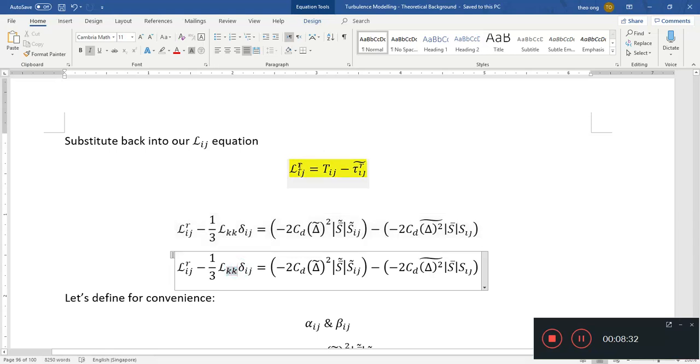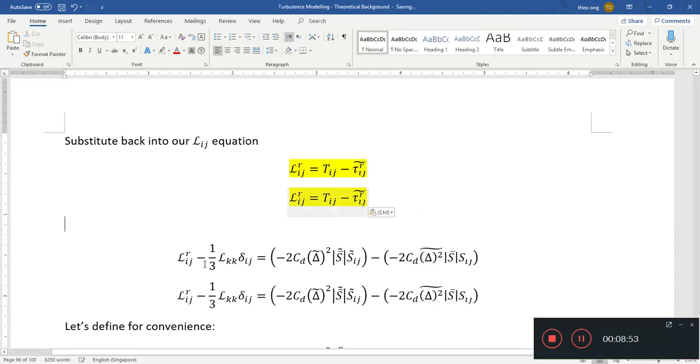Okay, so when we substitute in, we will have this over here, which is actually this Tij, and this over here is actually this tau ij. Or rather, let me not skip too many steps.